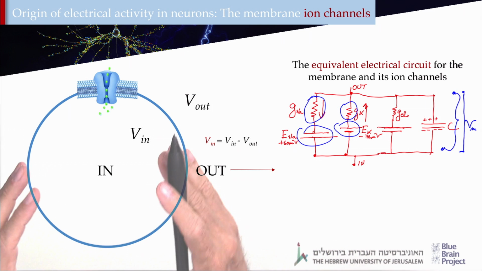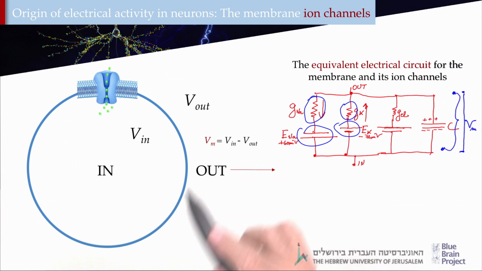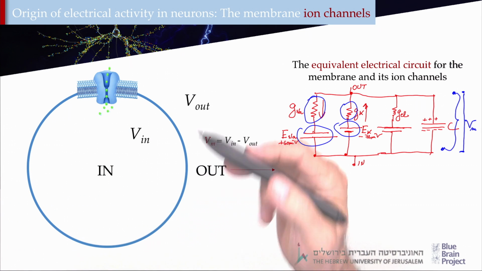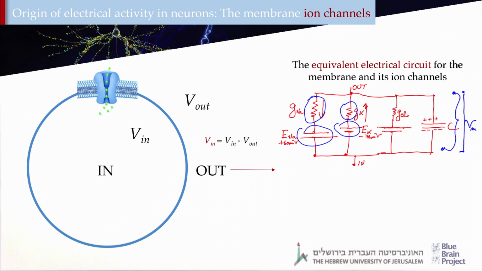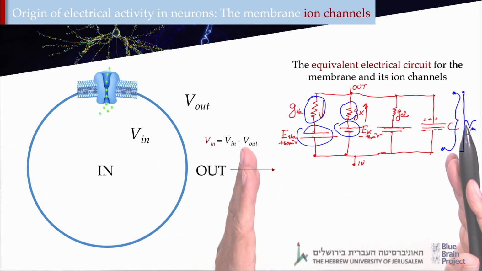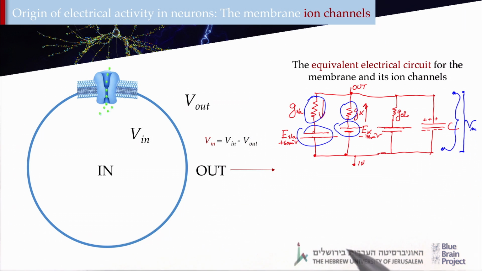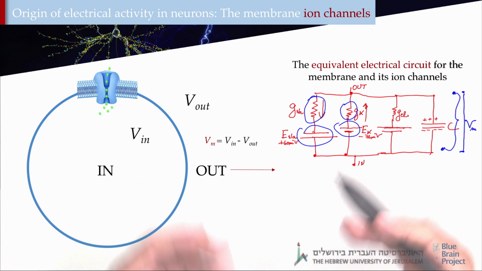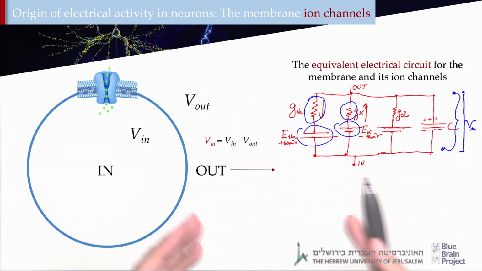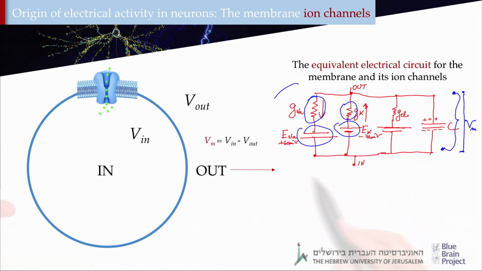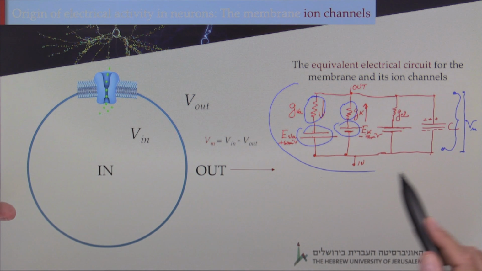But we made just an intellectual jump now from a biological description of the membrane through the Nernst equation, knowing that there are these three particular ions, into a circuit that could be written mathematically, because this is now an electrical circuit and we understand the mathematics of electrical circuits.